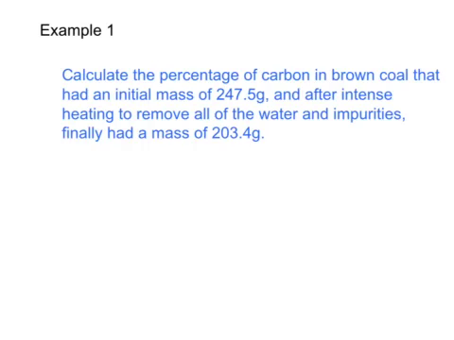Here we're being asked to calculate the percentage of carbon in brown coal that had an initial mass of 247.5 grams, and after intense heating to remove all of the water and impurities had a final mass of 203.4 grams. In this particular instance, all we're asked to calculate is the percentage of carbon.